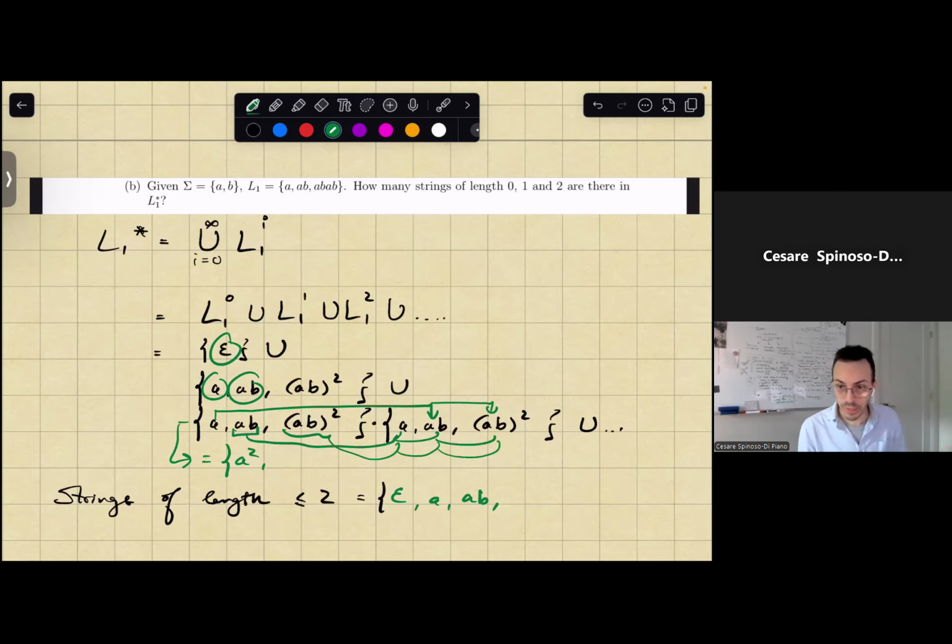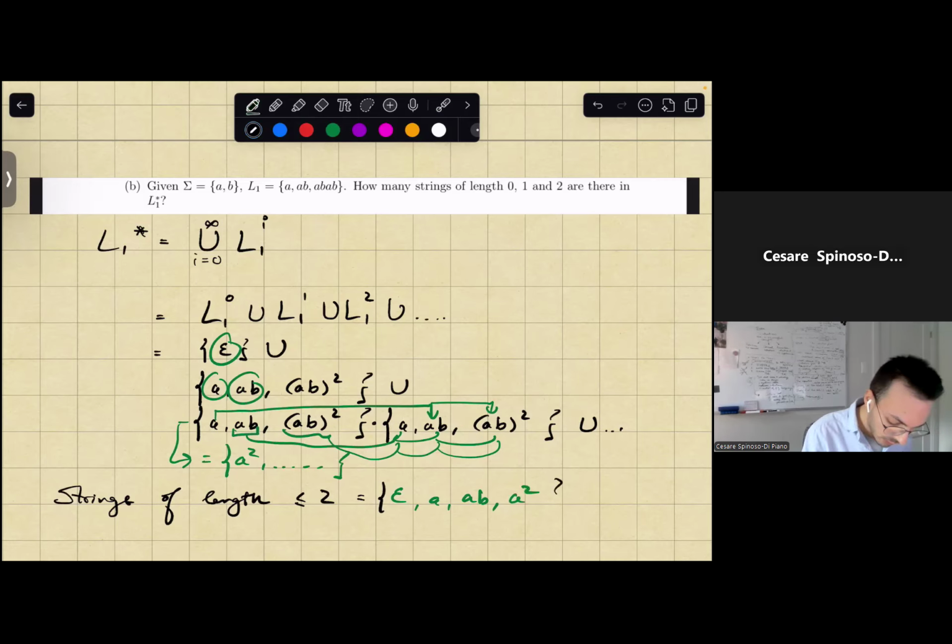Why am I showing you this trick? Because if this is a true-false or an MCQ, instead of wasting your time doing all the computation, you can identify this and say, okay, I don't need to do this operation, and now I get my answer. The only thing I actually had to compute was A concatenated with A, which gives me A squared. I take this A squared and put it in here.